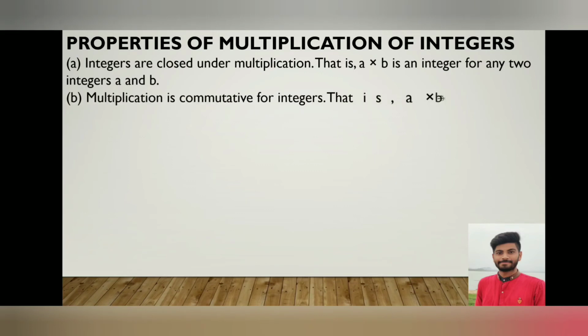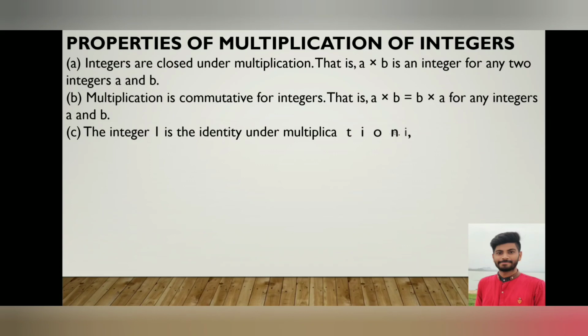The next property, commutative property, which is also followed by the multiplication of integers. We can multiply a with b, or we can multiply b with a, we will get the same answer. So multiplication is commutative for integers. Next property, the integer 1.